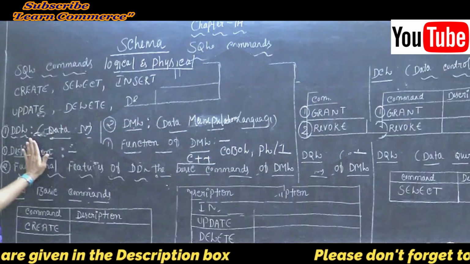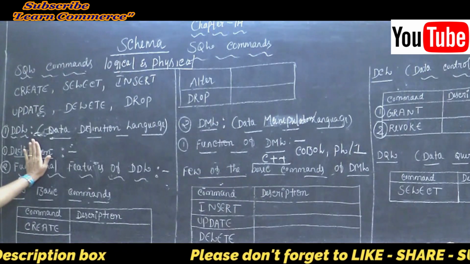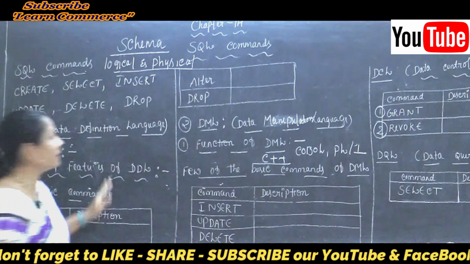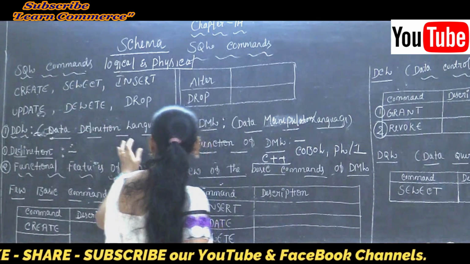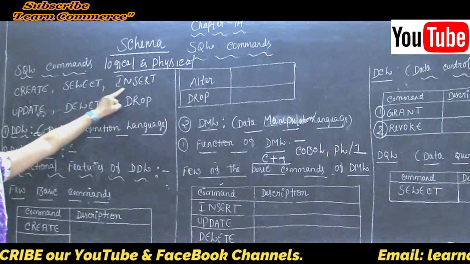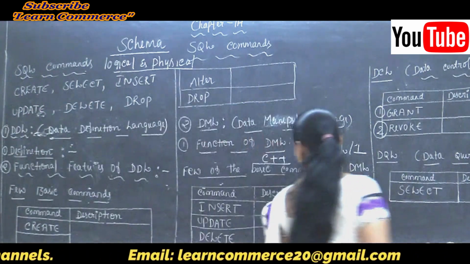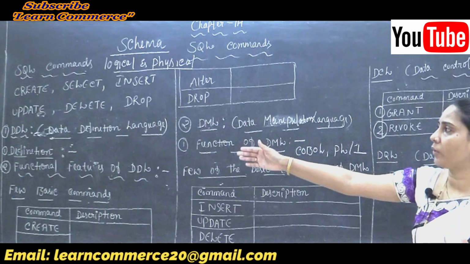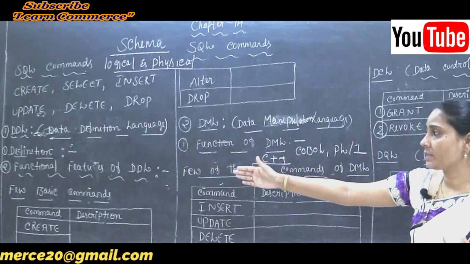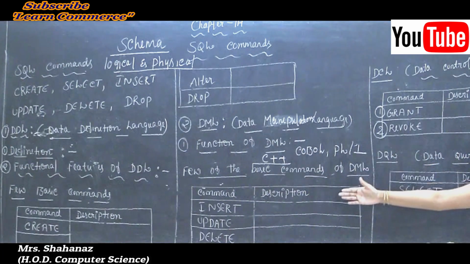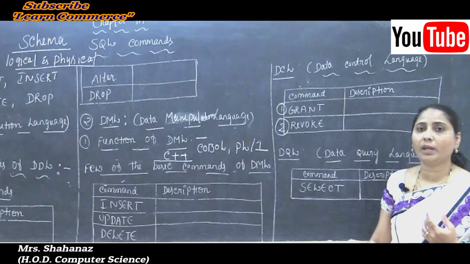So these are some of the important points in SQL. The SQL standard commands are create, select, insert, update, delete and drop. After that, we completed some important concepts about DDL functions and the basic commands of DDL, and also some of the basic commands and functional features of DML.